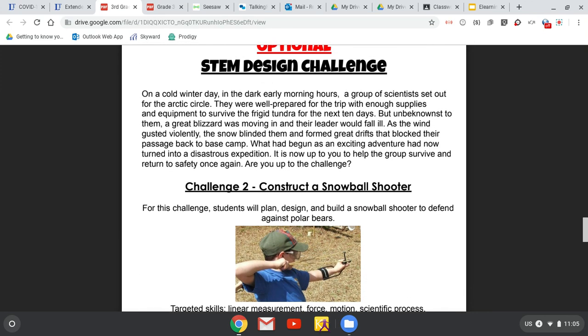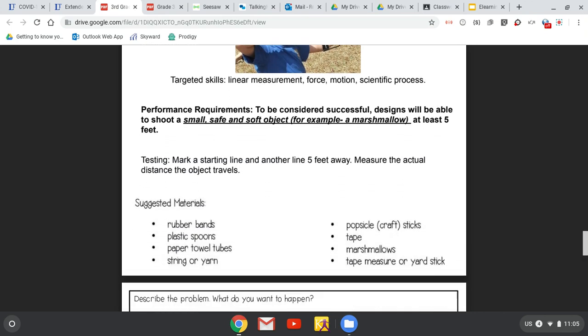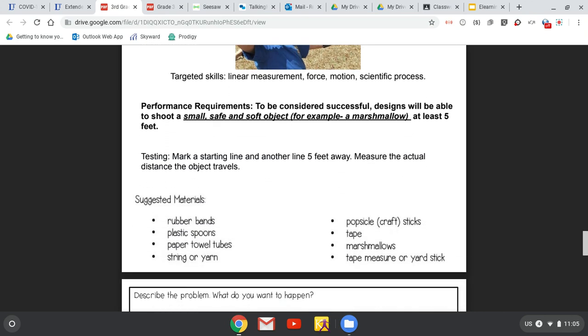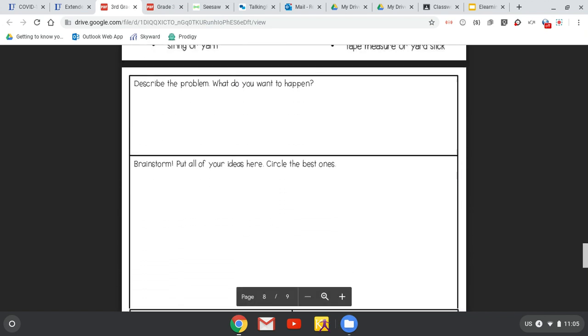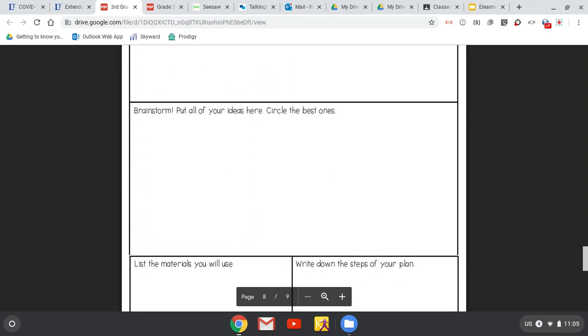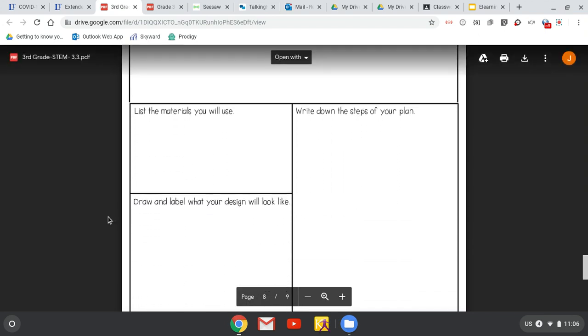This is challenge 2, sort of like the igloo challenge. You are going to construct a snowball shooter. Okay, here are some suggested materials. You can use things at home if you have them. And here is your design page. Describe what's the problem. Brainstorm your ideas. Put your best ideas down here. List materials you might use.